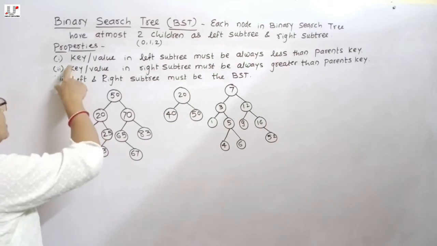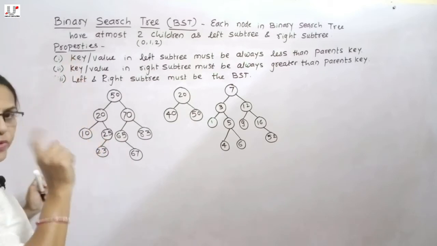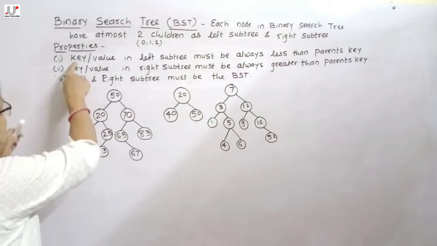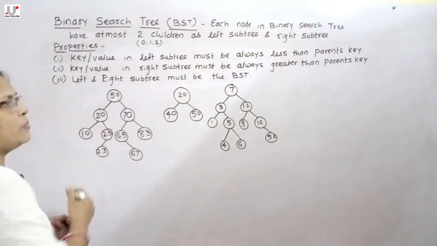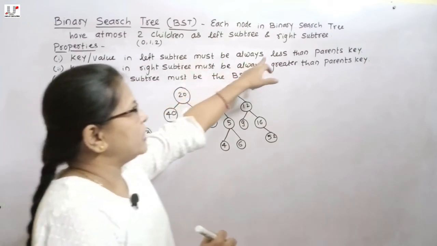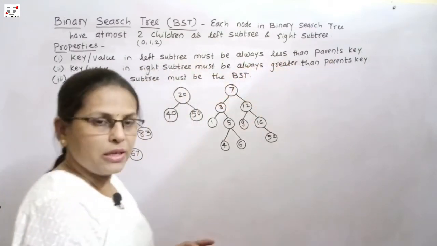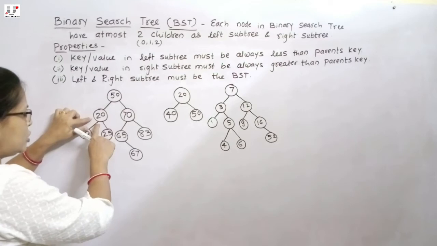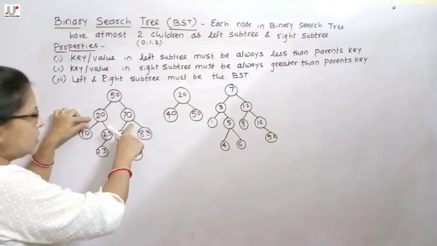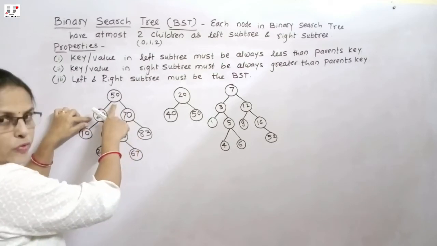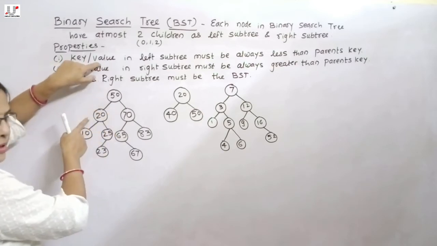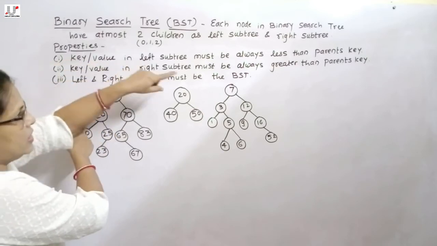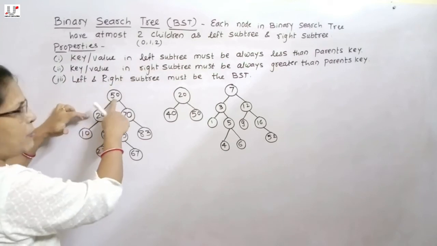Now let us check whether it satisfies the first property or not. The key or value in the left subtree must always be less than its parent key. For 20 and 70, the parent is 50, and the value in the left subtree, 20, must be less than the parent key.